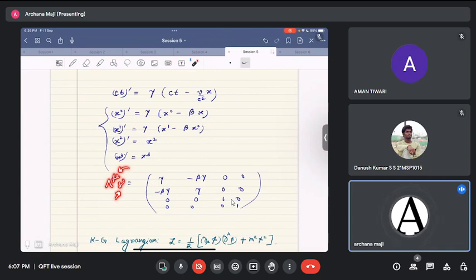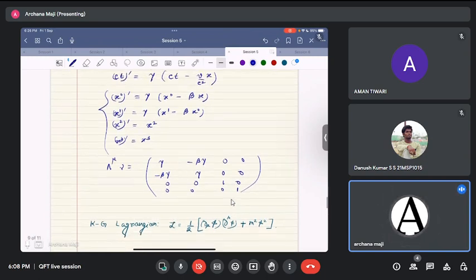Writing 0 1 here would imply we are looking at the 0th row and first column, so this particular element. So this notation is incorrect. This is still the lambda matrix, mu nu, but it corresponds to boost along x1 direction.